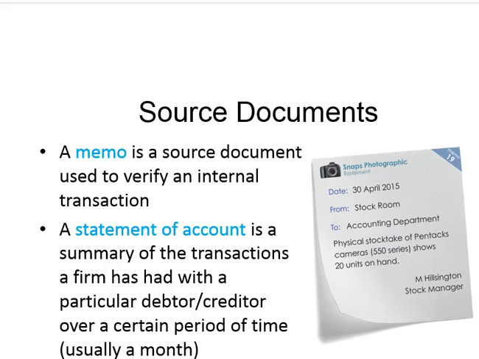A memo is a source document used to verify an internal transaction. An example of an internal transaction is if the owner withdraws cash or goods, and they will write themselves a memo. Cash can't just disappear from the register, otherwise we might think that we've got an employee who's stealing.